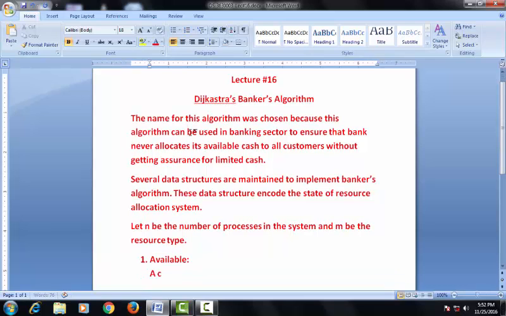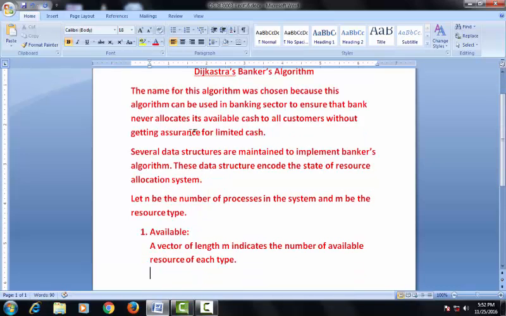It is a vector of length m indicating the number of available resources of each type. So availability shows how many resources we have, including types, right?